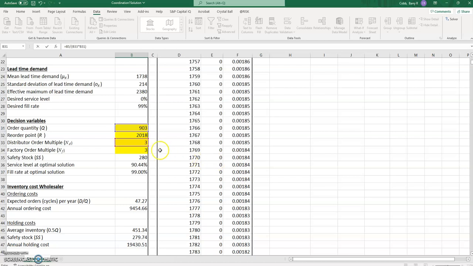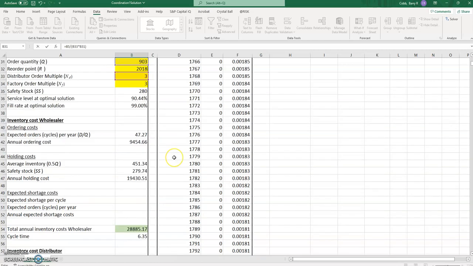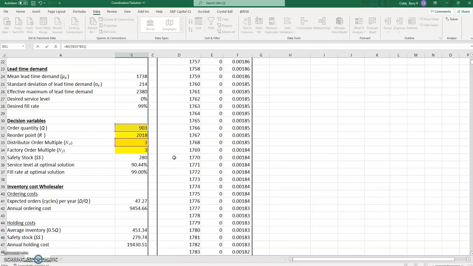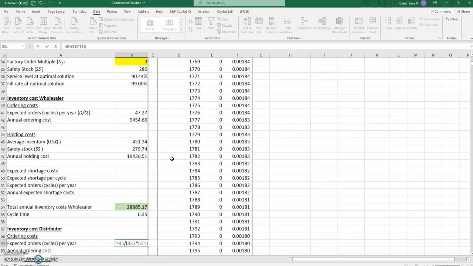But basically what this means is that the distributor is going to order 3 times 903 from the factory each time it orders. And so it's going to triple the wholesaler's typical order with the factory. Now, we'll see if 3 or 2 or 1 or some other integer becomes the actual solution when we solve the model.